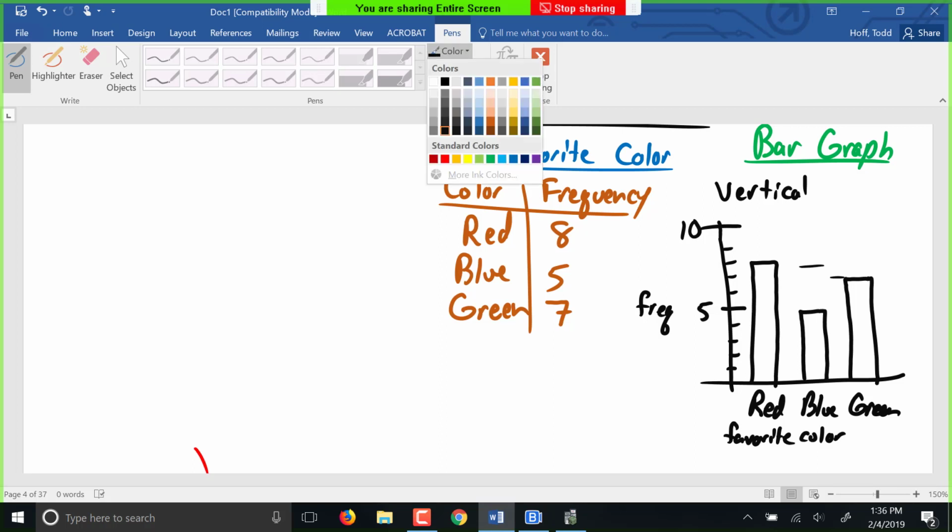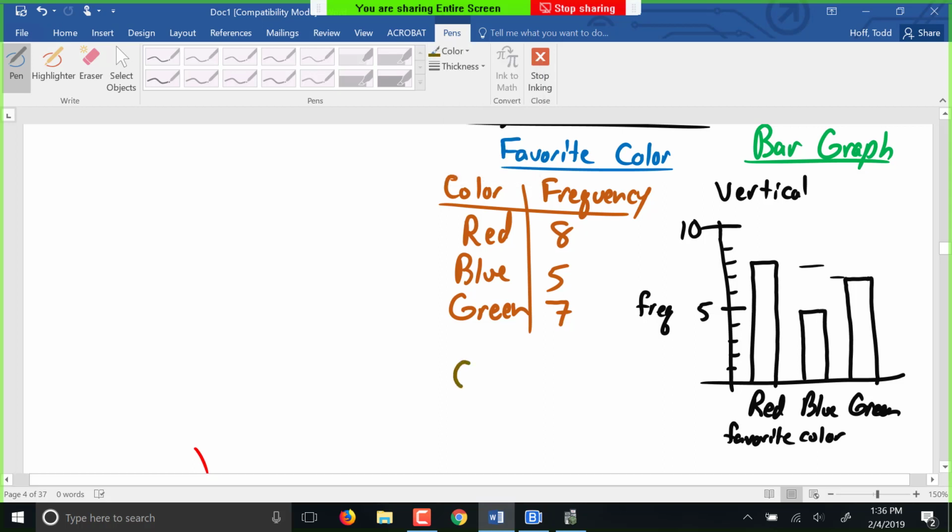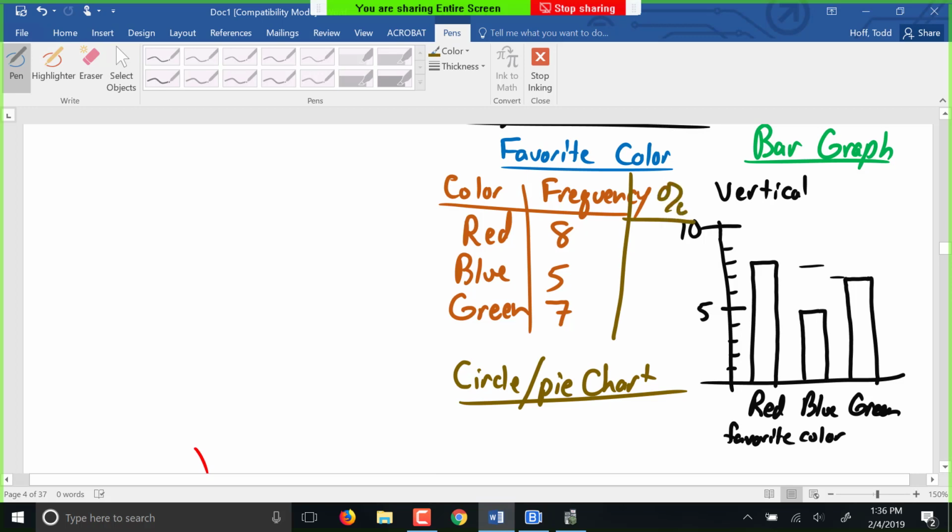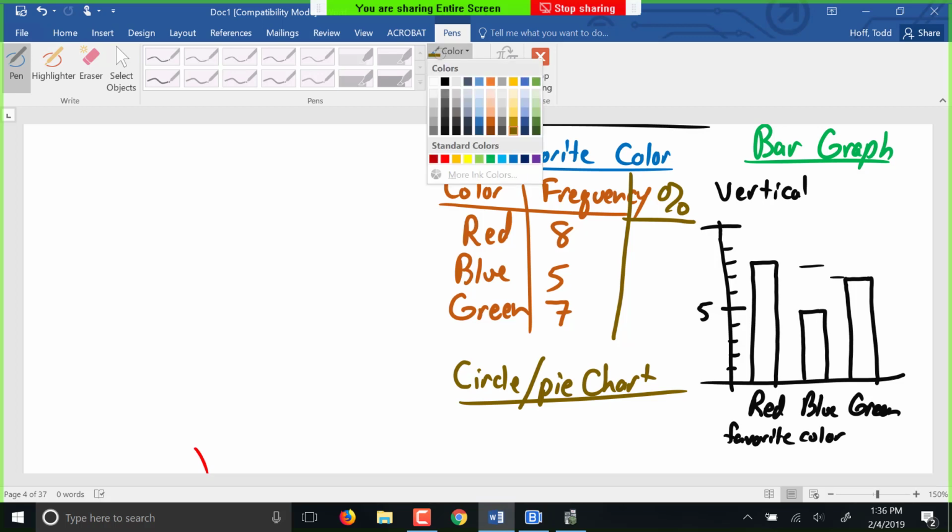The other type of graph that's pretty common off of this type of data is a circle or pie chart. For a circle graph or a pie chart, we usually don't graph frequency, we graph percent. To find the percent, we have to find a total.